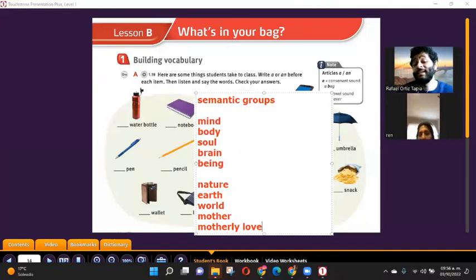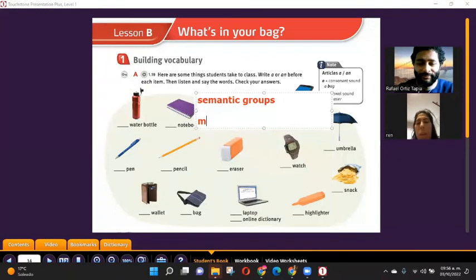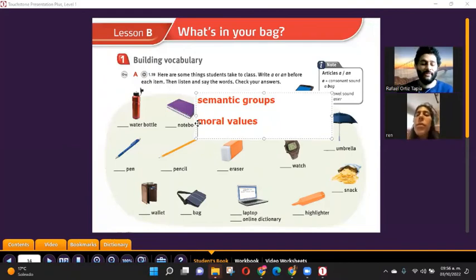Semantic groups. You can even add phrases, not just words. For example, if you have the word values, moral values, valores morales, you know, and you have respect, comprehension, tolerance.